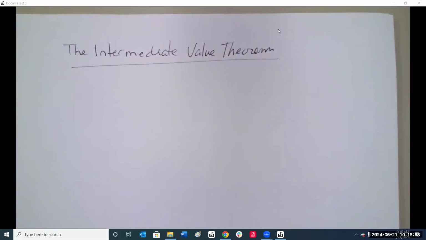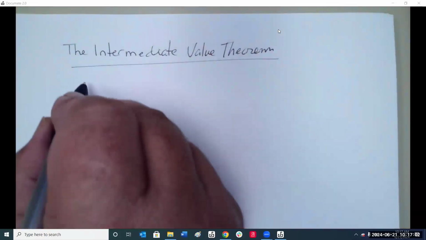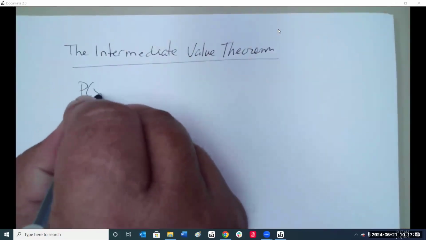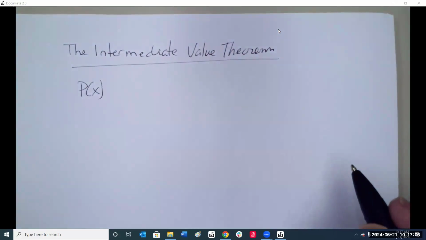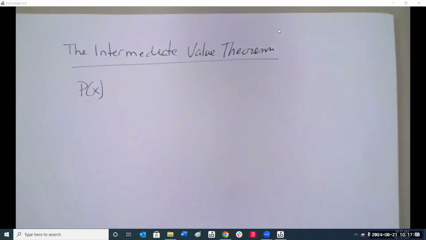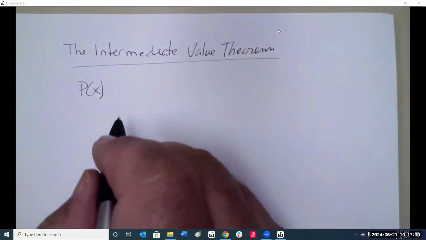And I'll just give you the quick and easy example of what this means. What this thing says, remember, every polynomial has to be continuous and cannot have any jumps or any holes or anything. So it has to be continuous.